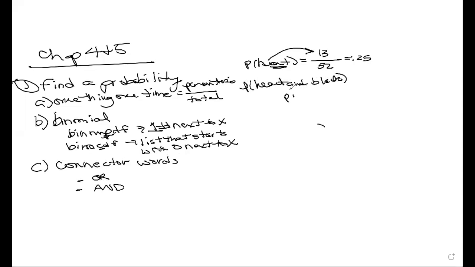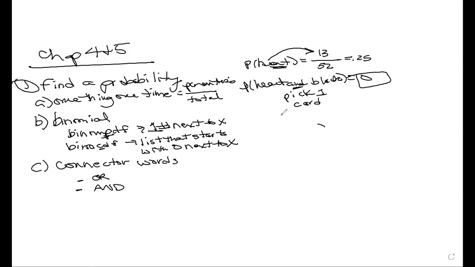And you're picking one card. If you grab that formula for AND, you're going to get the wrong answer. You shouldn't grab your formula for AND. Before you grab that multiplication formula, you're supposed to ask yourself, is it possible? And if the answer is no, your answer is 0. See, if I pick one card, there's no way it's a heart and black. That answer is 0. I'm finished and I go to the next problem.